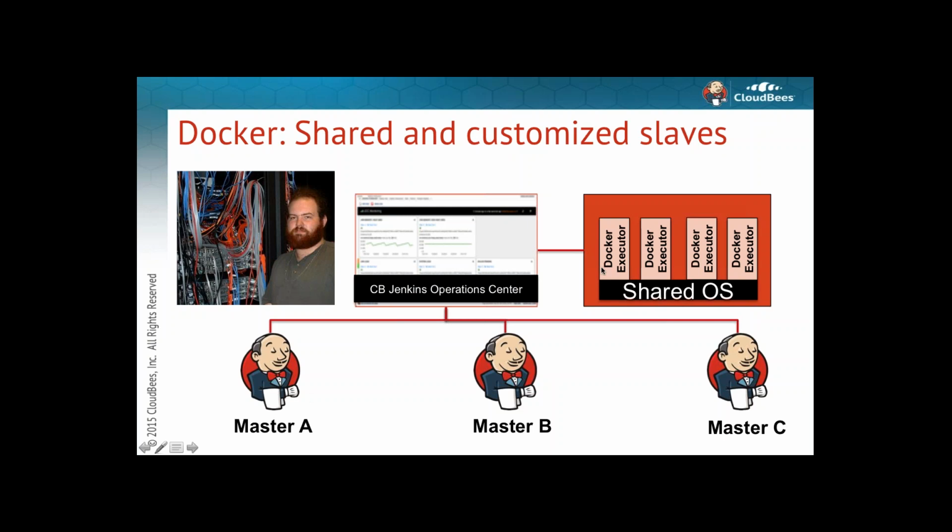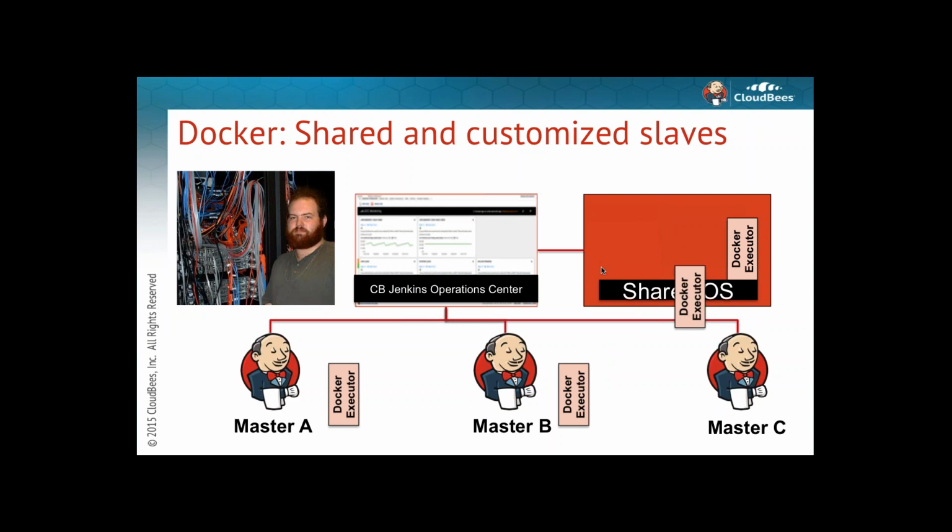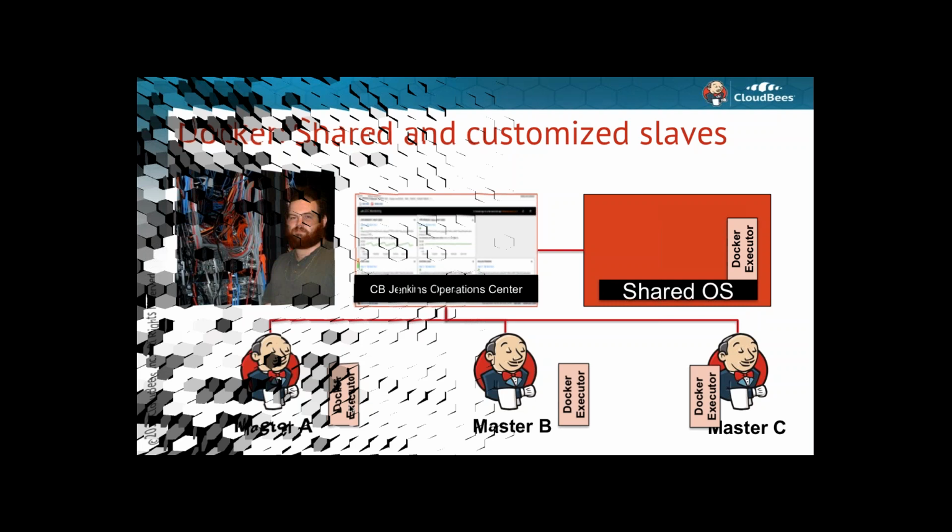So configurations telling each Jenkins master, this is where my Docker Swarm server is, here are the credentials to access it, here are the templates you should be using, these are the known, tested slave images that we have on file. Please use these. It's a way to more efficiently use resources between your Jenkins masters, sharing build resources. Each of these masters can use them on demand and then return them to the pool, kill the executor, etc., once they're done using them.